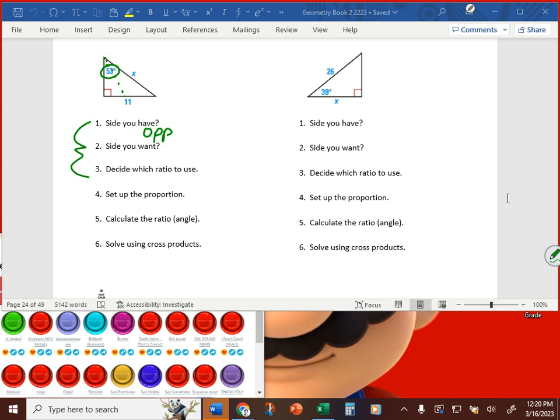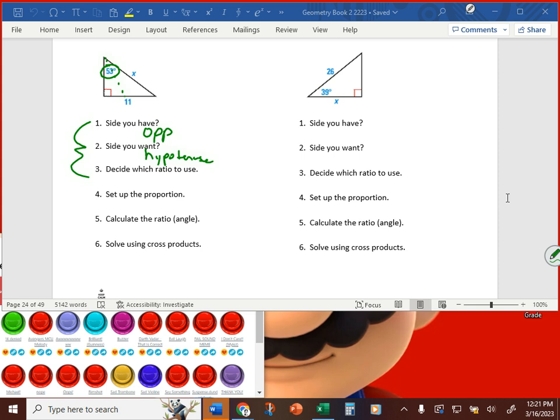The side we want, that side X, what's the location of that side? Kylie. Adjacent. It's not the adjacent, it's the hypotenuse. The hypotenuse is that special side of a right triangle. It's always across the right angle. It will never be the opposite side. It will never be the adjacent side. Opposite and adjacent are only for the legs. The hypotenuse is its own special thing.